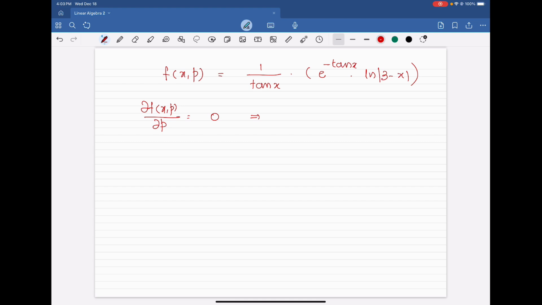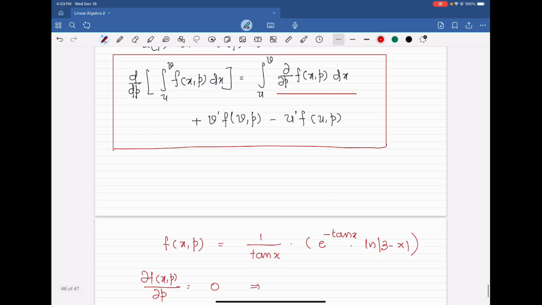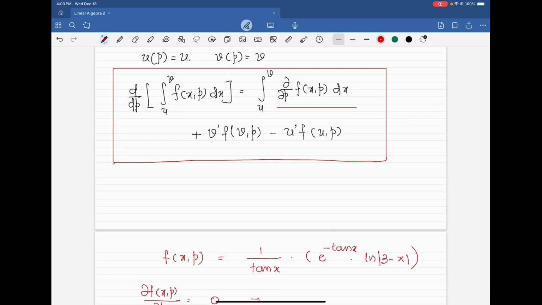This all depends upon what is function f(x,p). But some tutors take this dou f(x,p) by dou p as 0 and eliminate this step and directly go for V dash f(V,p) minus U dash f(U,p). Don't go like that.